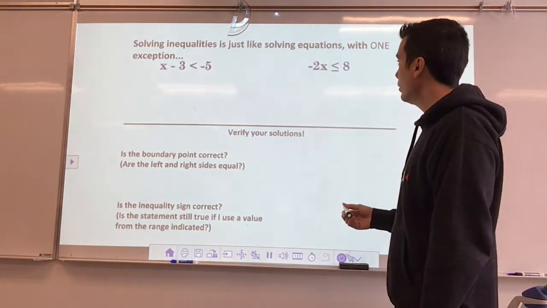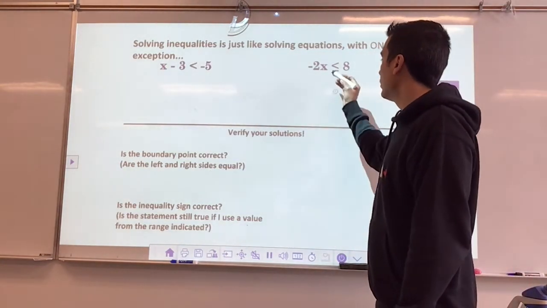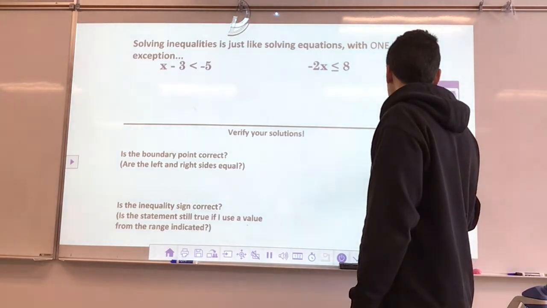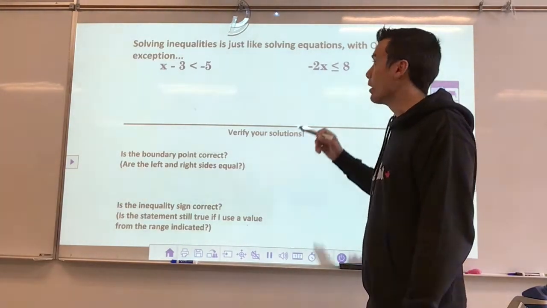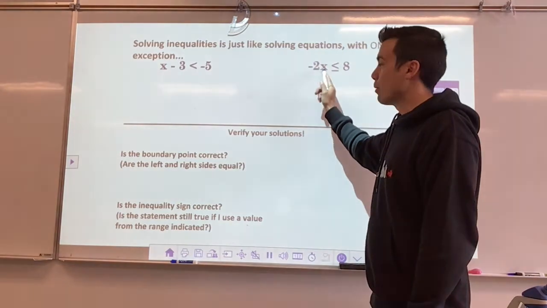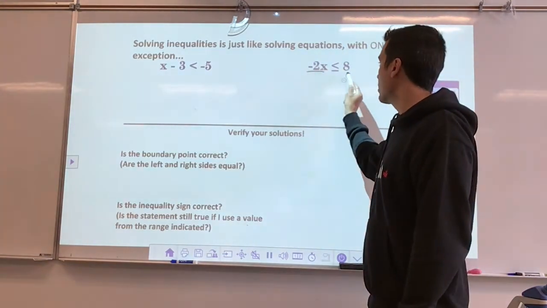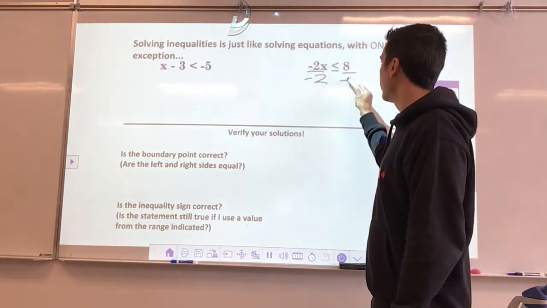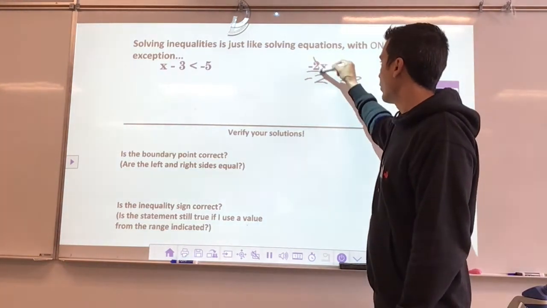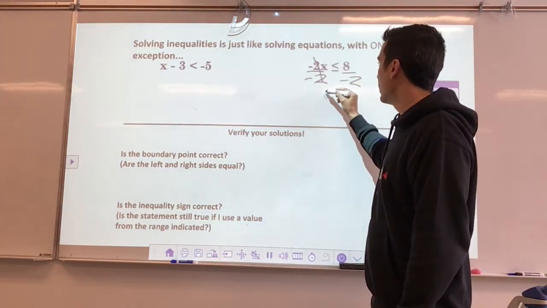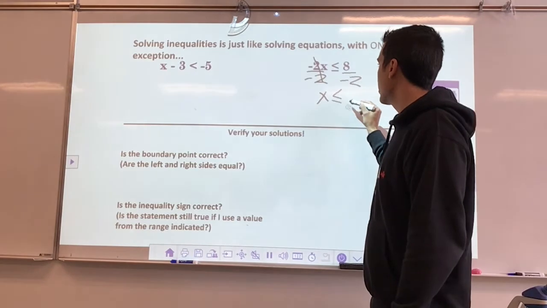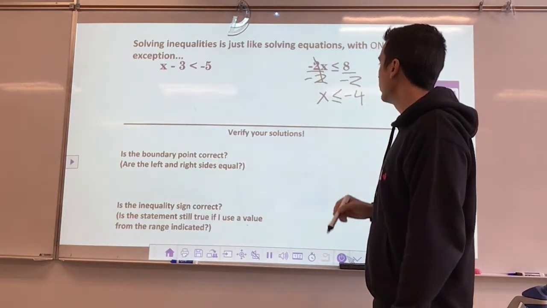One more example. I think something funny is going to happen here, but let's try this anyway. If this was an equation, I would solve by dividing both sides by -2. After I do that, I get x is less than or equal to -4.